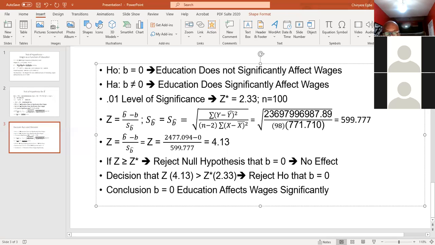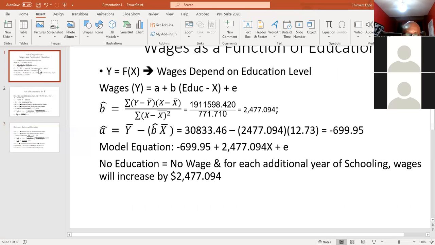And in this particular problem, you are saying that the more education you have, the more wages you get. Now, why do you say that? What leads you to that conclusion? Our hypothesis? Well, the decision. Well, the equation of the model. What is the equation of the model?